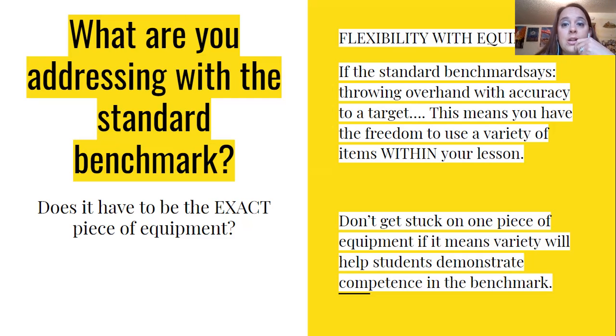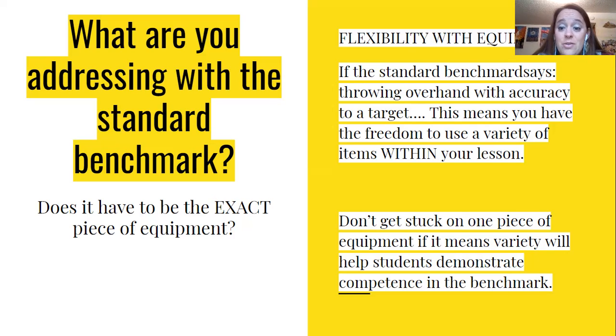So our students that struggle with grip strength, maybe we're not using a ball, but maybe we're using a beanbag that has a little bit more weight and they can kind of grasp it a little bit easier. Or maybe instead of a football, are you in a football unit? You could use a gator ball for football and have it be softer and have kids work up to the level of football too.